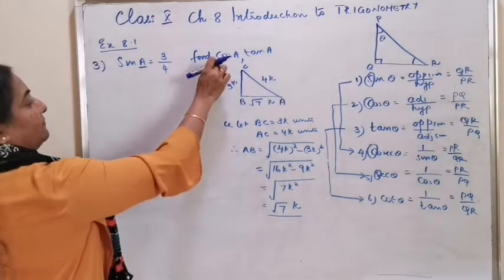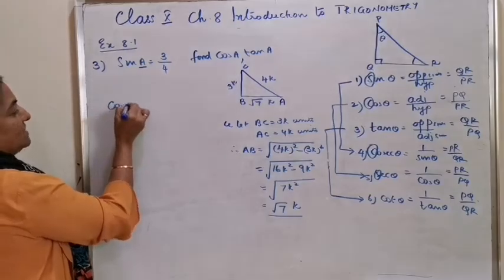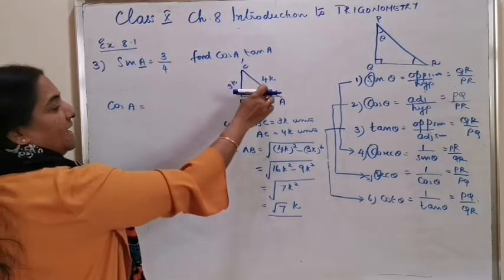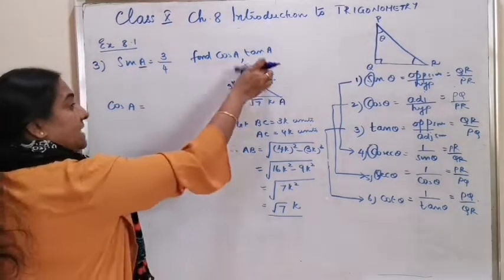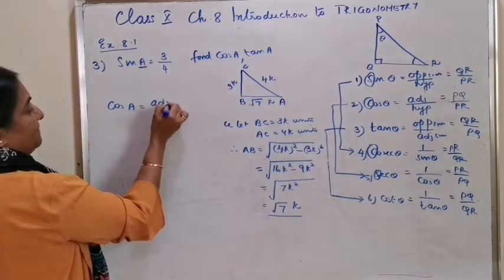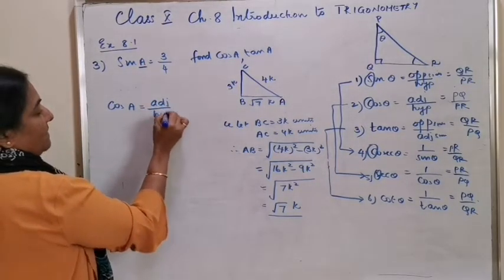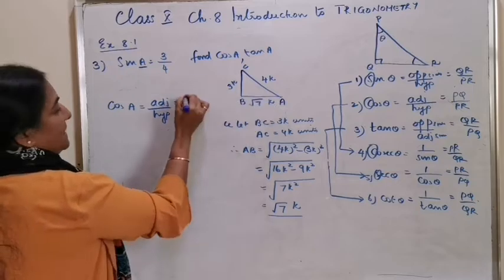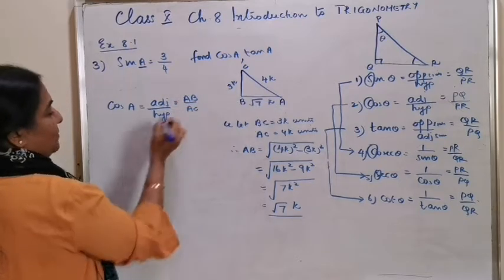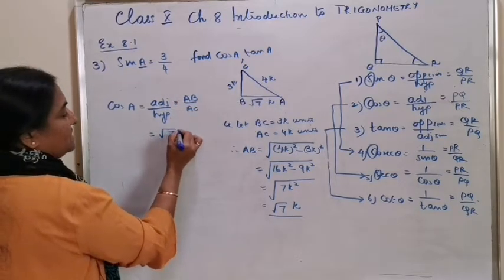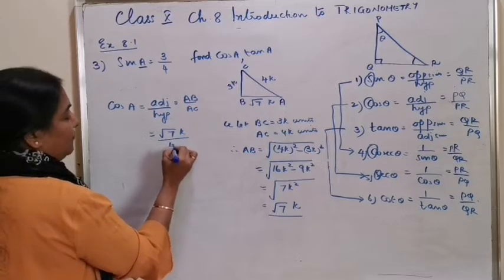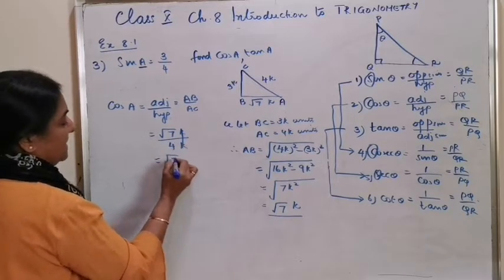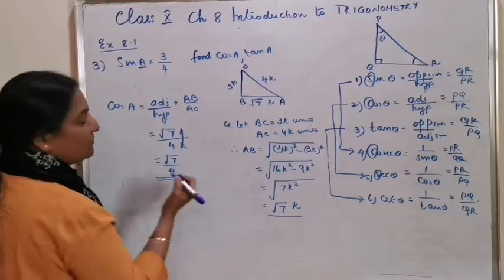Now you can find out what is cos A. Cos A is adjacent side by hypotenuse, which is the same as AB by AC, or the answer is root 7k by 4k, or it is the same as root 7 by 4.